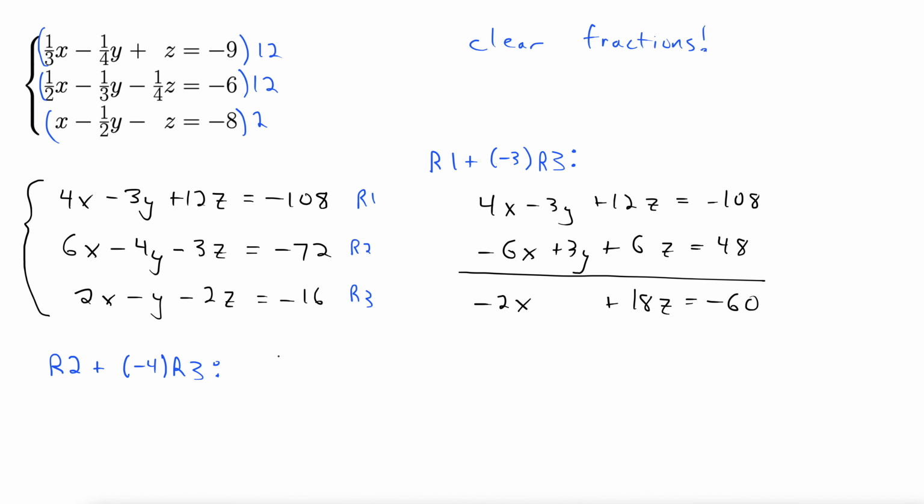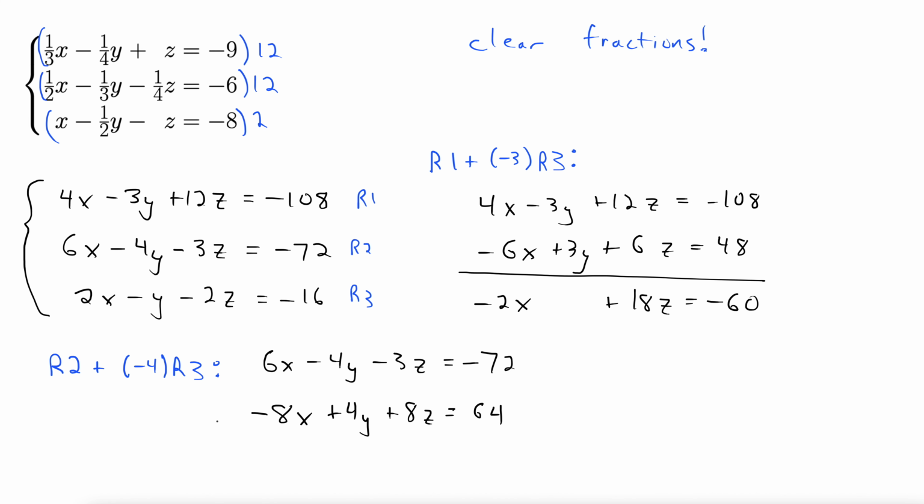Okay, so let's do it. Row 2, 6x minus 4y minus 3z equals negative 72 plus negative 4 row 3. I'm going to take row 3, multiply every term in it by negative 4. That gives us negative 8x plus 4y plus 8z equals negative 16 times negative 4, 64.